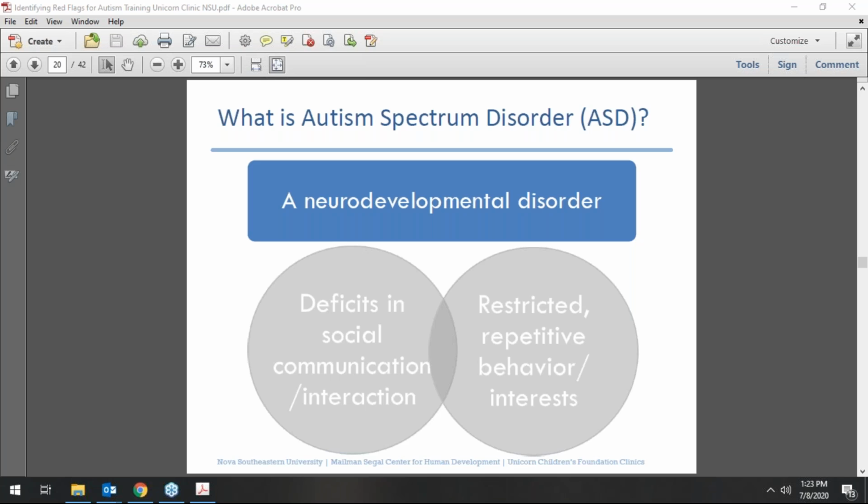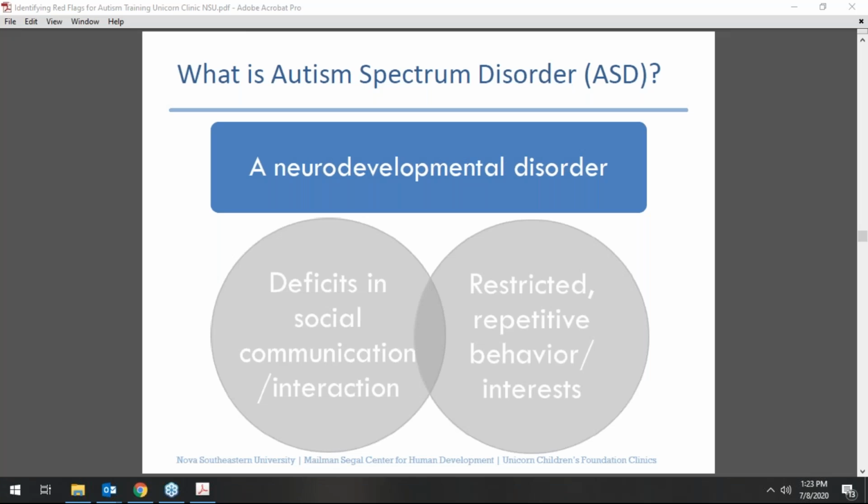So what is autism spectrum disorder? As we know, this is a neurodevelopmental disorder. We're really still trying to figure out in terms of genetics, if there's a genetic predisposition, or is it the environment? Right now, there isn't sufficient data to support either side. What we're looking at is a combination of the two, where the child in utero, as they're developing their brain, has perhaps difficulties in that development, and then as they go into the environment, these difficulties become more prominent.